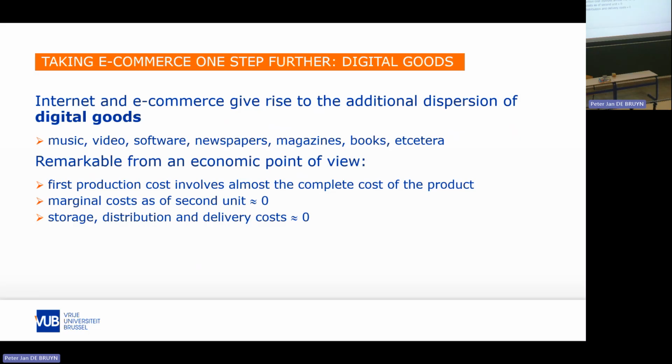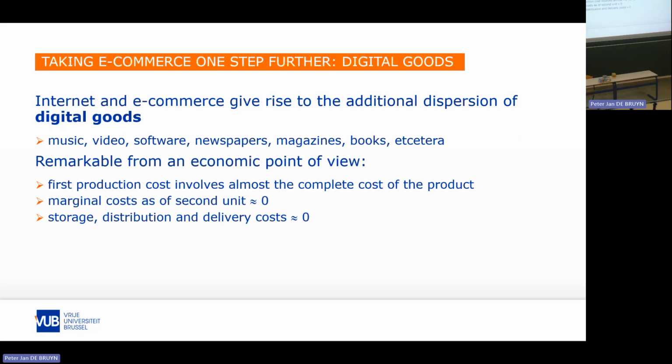So you need to put a lot of effort into creating the song or the video, but once that song or video is created, most production costs have occurred. If you have a video or a song and you want to sell it to one person or to 1 million persons, if you sell it in a digital way, there's almost no difference. The cost is the same whether you distribute it to one person, whether you make one digital copy or 1 million copies. The cost is just production cost.